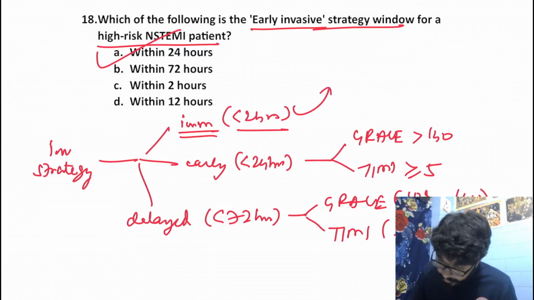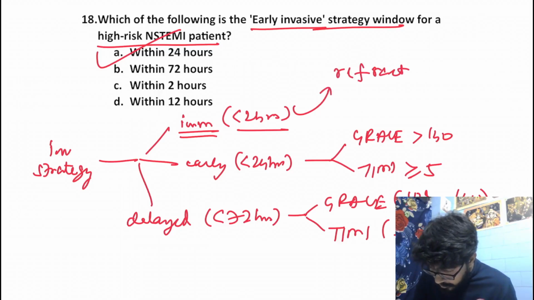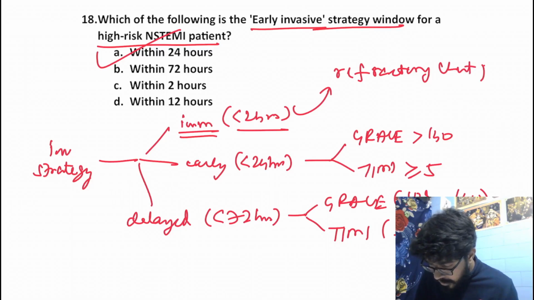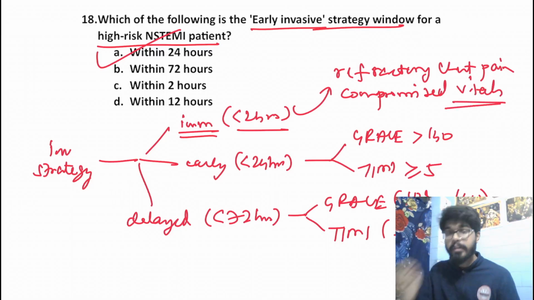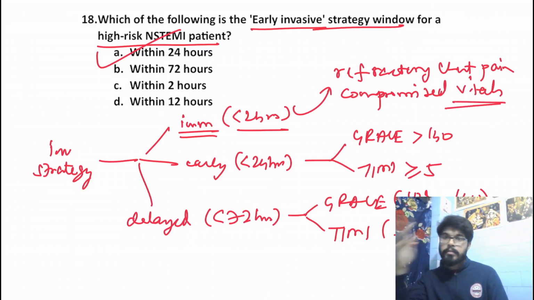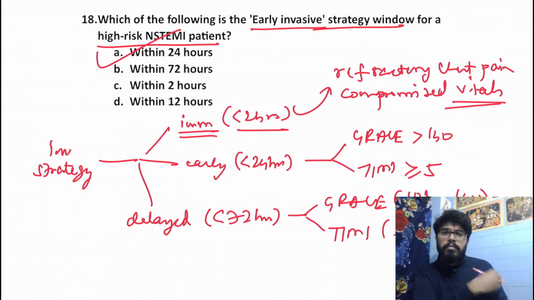When is this done? This is done in refractory chest pain and associated compromised vitals. If the patient is hemodynamically unstable with refractory chest pain, we would immediately go for invasive strategy. Okay.